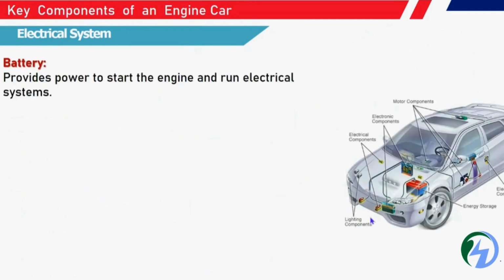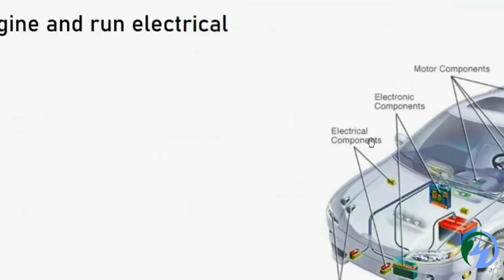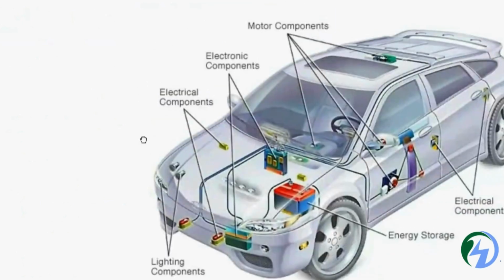And what is the electrical system? Mainly, the electrical system will be powered, whatever the engine we are using. It's needed to power on or off, because a vehicle has a combination of lighting, seat control, and some infotainment.